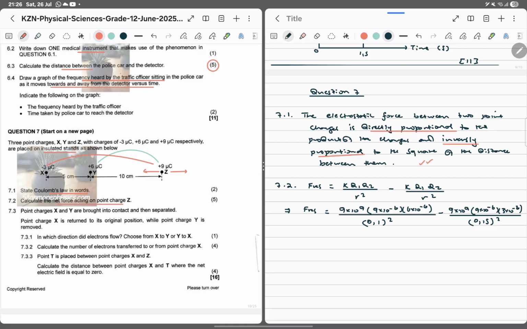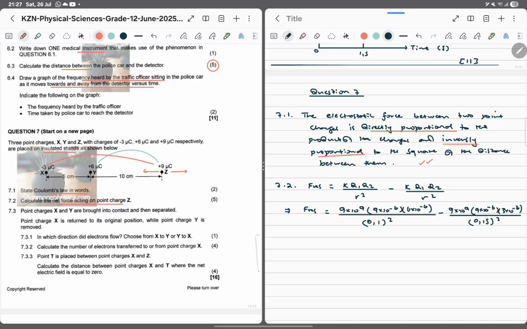Right, so let's put it onto the calculator. Great. So we will have here 9 to the 9 into 9 to the minus 6 into 6 to the minus 6 divided by 0.1 squared. Right.